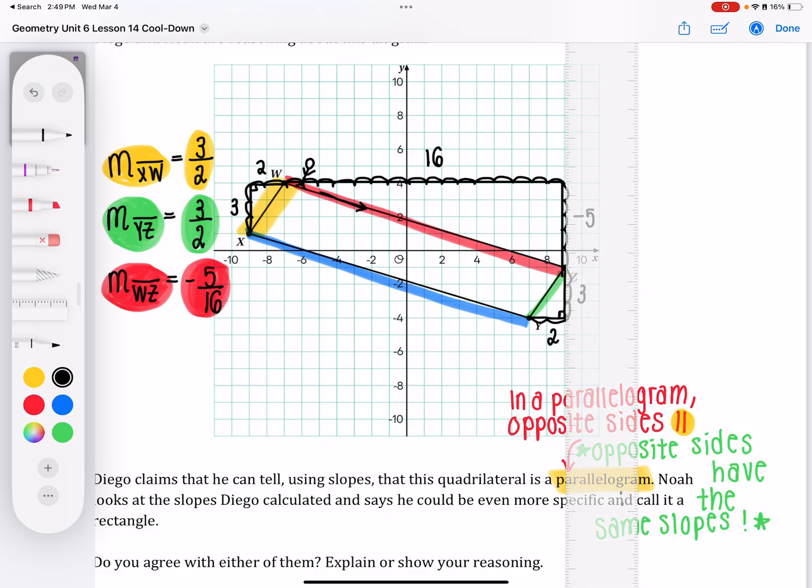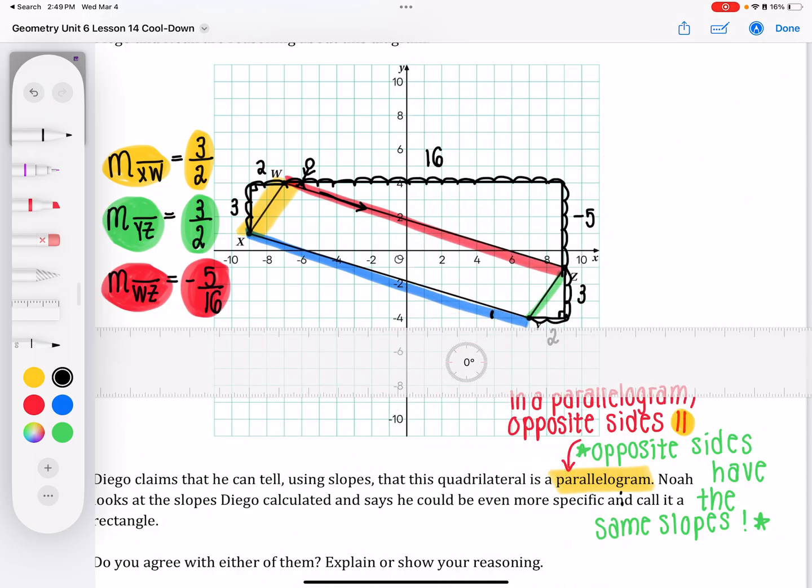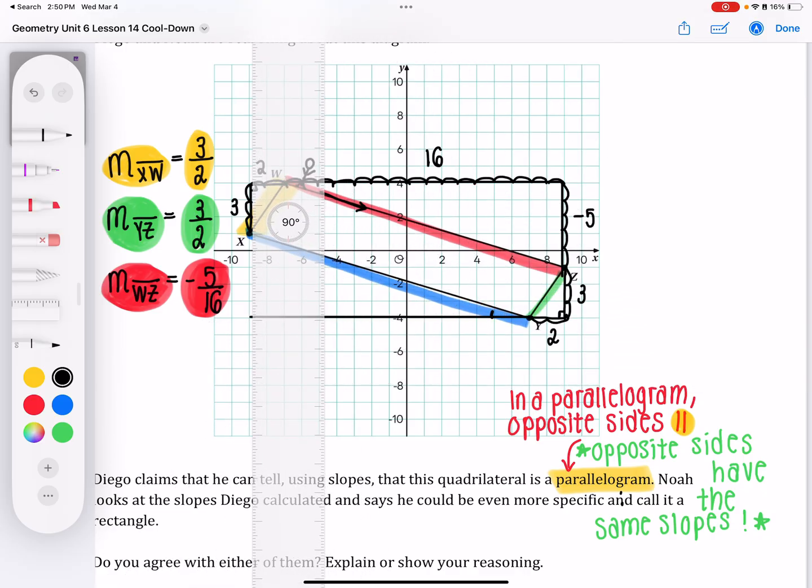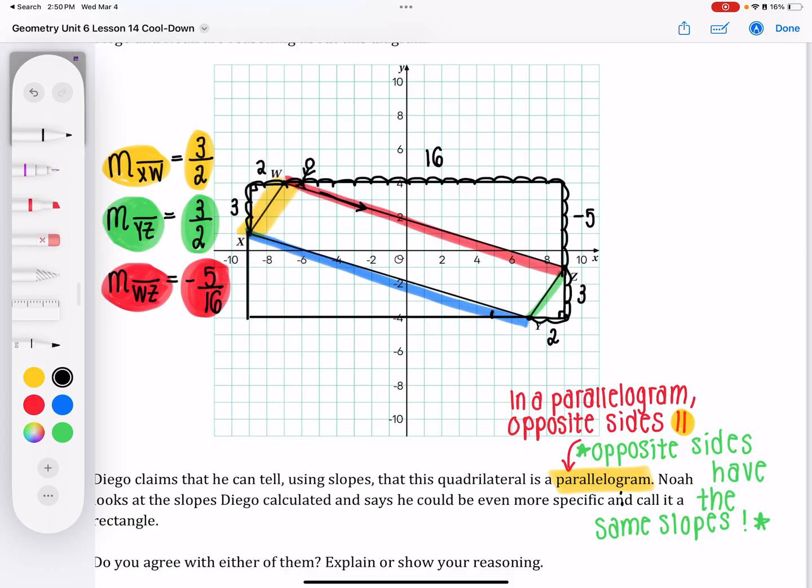All right, now time to check the slope of the blue line segment. So for this blue line segment I have rise over run again. And I'm going to calculate the rise, which is 1, 2, 3, 4, 5.